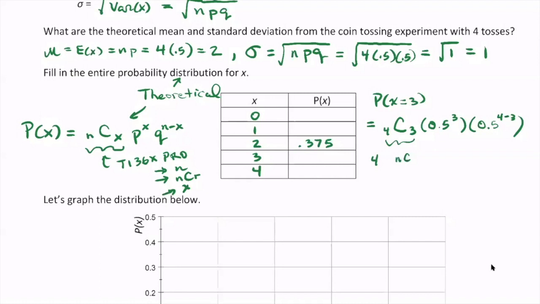You have a button called prob, P-R-O-B, for probability. Put the 4 in, press the probability button, and then choose the NCR. Then put the 3 in and hit enter. Tell me if that works. At this point, I don't even know if you guys can hear me. I'm going to pause the recording.